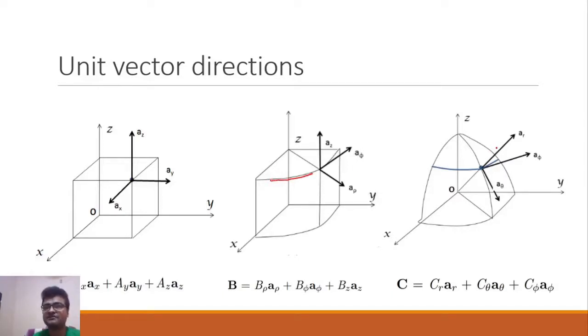Also we have the spherical coordinate system, where we have three unit vectors named ar, a theta and a phi. Ar is the radius which emerges out of the origin, which is the radius of the sphere, and a theta and a phi are the polar and azimuthal angle respectively, which are also tangents to latitudes and longitudes.